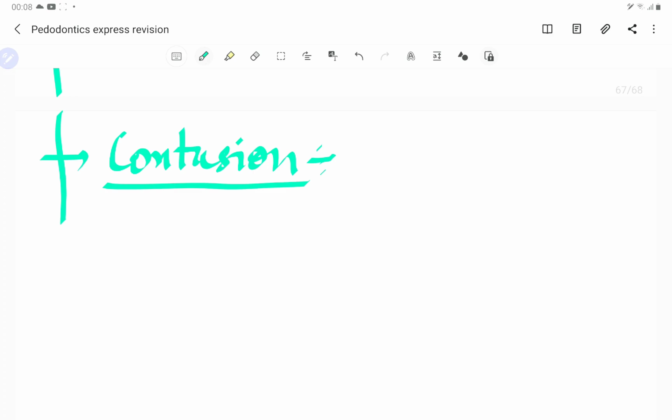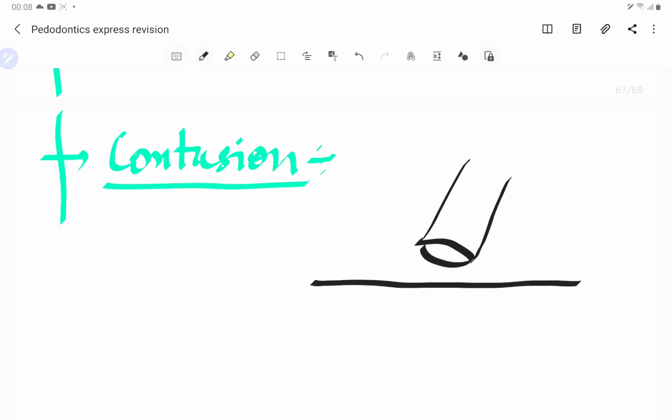So if there is a steel rod and in a fight somebody has been injured with some rod or something like that, that means there is no break in the, let's make a rod, right? Standing rod, let's draw like this. So if somebody has hit hard on this, there is a bruising which we see, right?